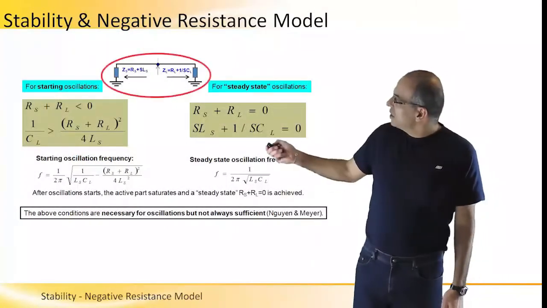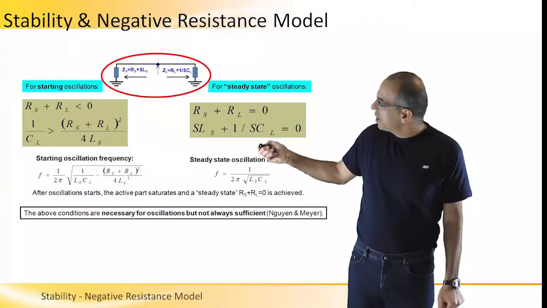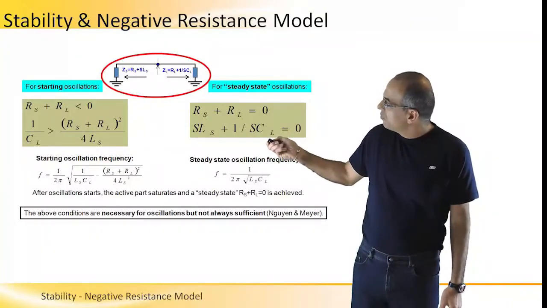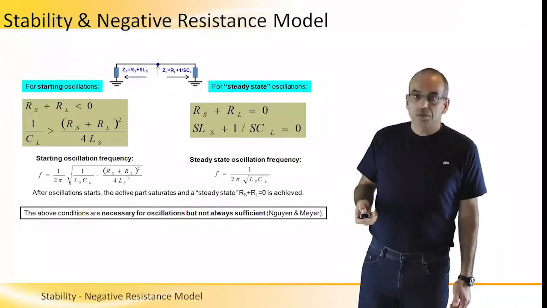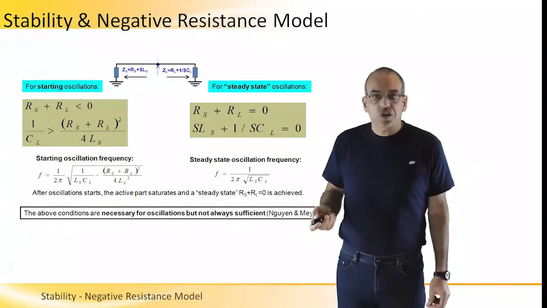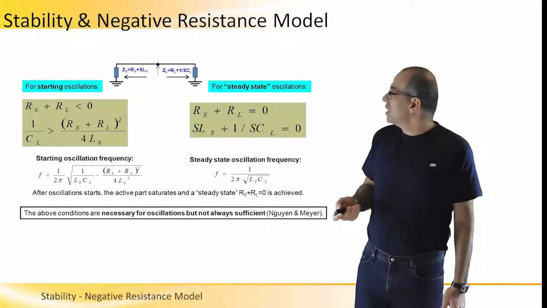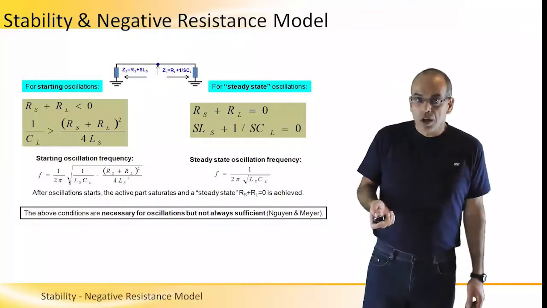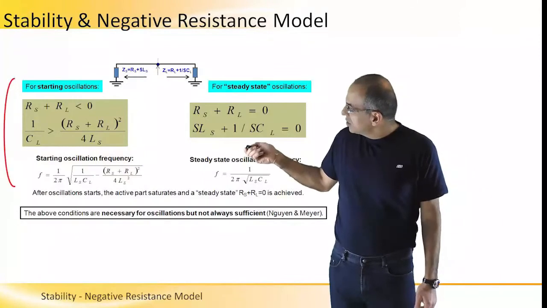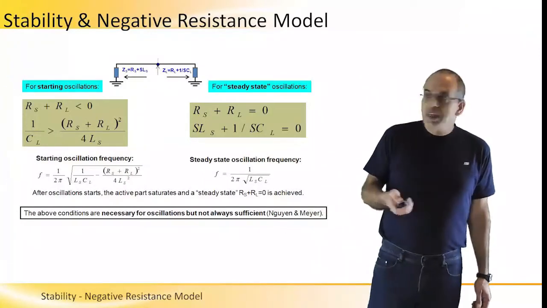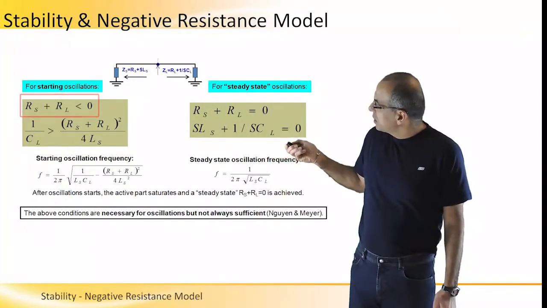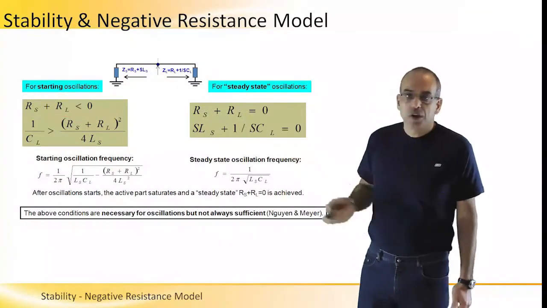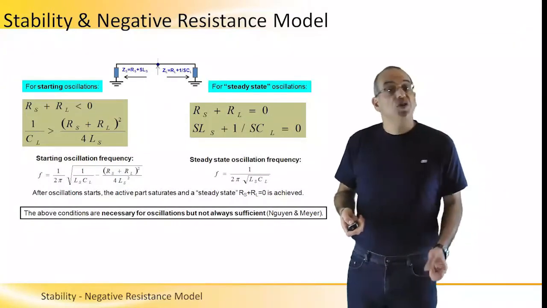Okay, so now we see our amplifier with the node, the active part, and the passive part, which is frequency determining, and we can look at conditions for oscillations in such circuits. For oscillations to start, we can see here on the left, we need that the sum of the source resistance plus the load resistance should be lower than 0.